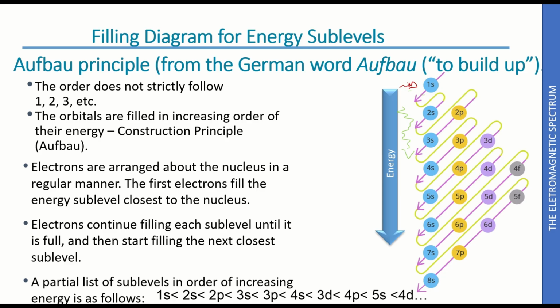We continue filling each sublevel until it's full, and then start filling the next closest sublevel. Okay? So the orbitals are filled in increasing order of energy. We can start with 1s, and then 2s, 2p, 3s, 3p. So increasing energy. This is important. See here that we have more energy levels.